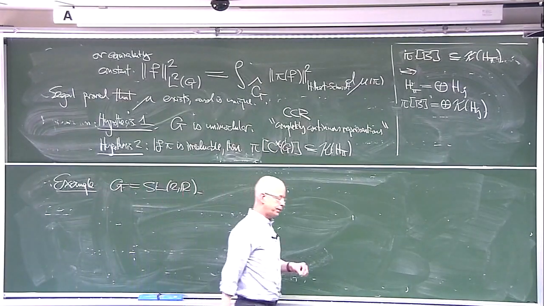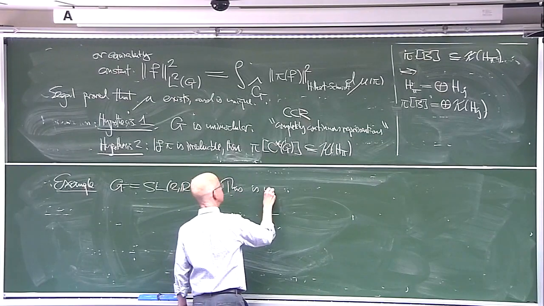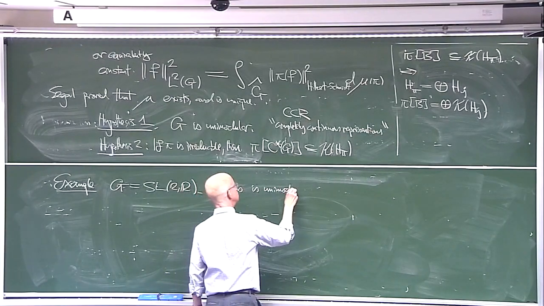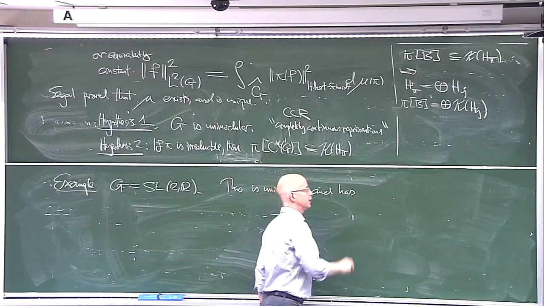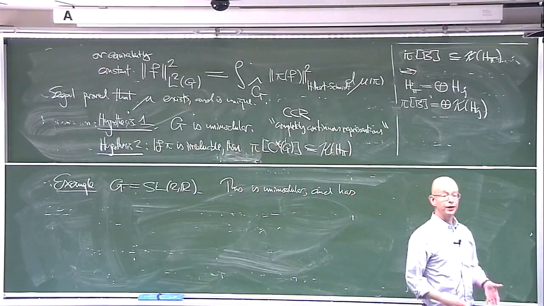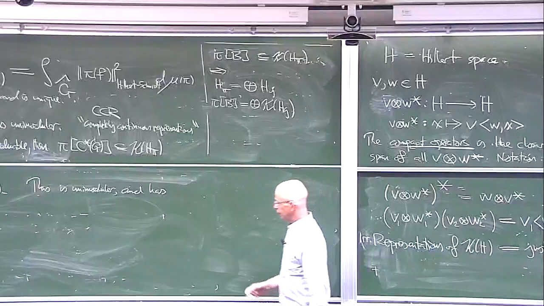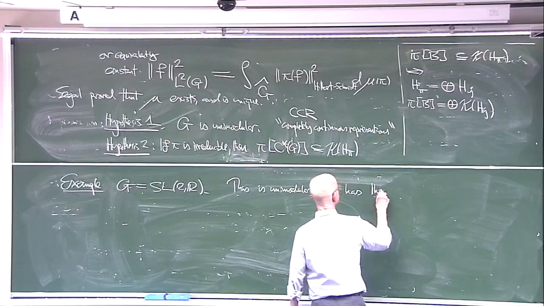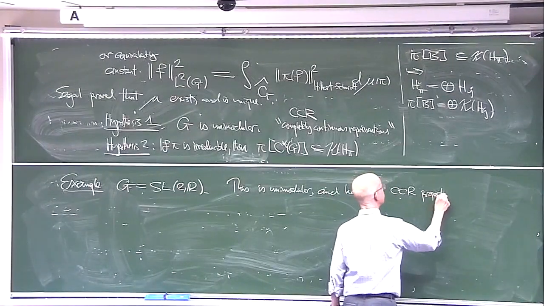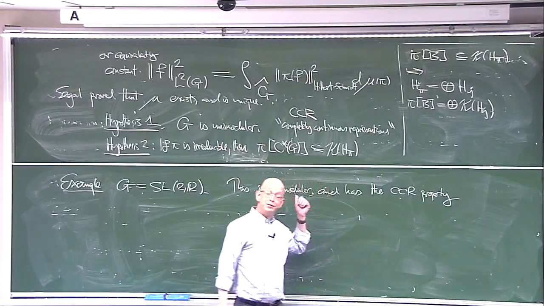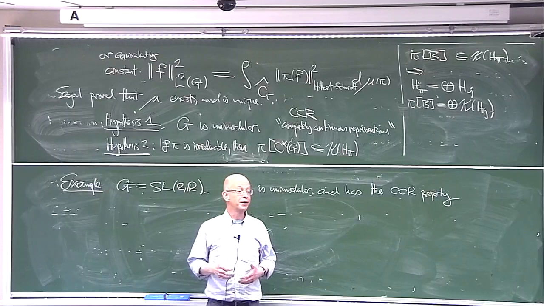So this group is unimodular. And it's possible to argue, one of the things we'll do in this course, is we'll show this. This has the CCR property. It seems amazing that you could prove this CCR property because it sounds so abstract.